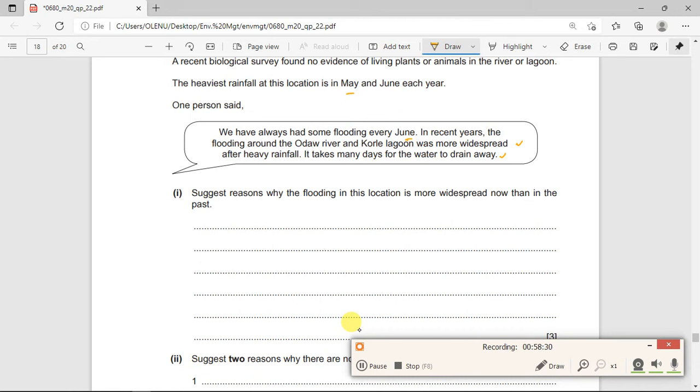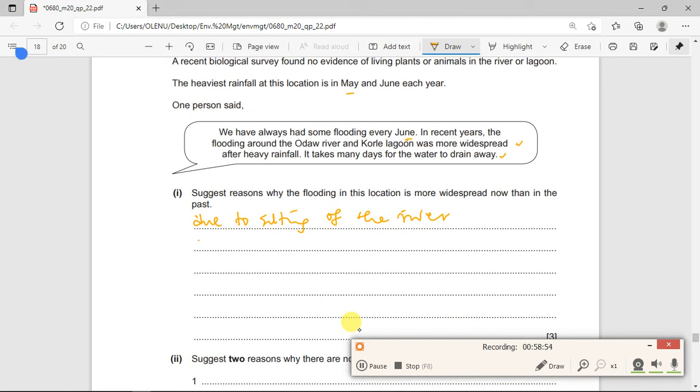Usually it can be due to silting of the river. And if there is silting in the river, for the flooding to be widespread now means there is poor drainage.